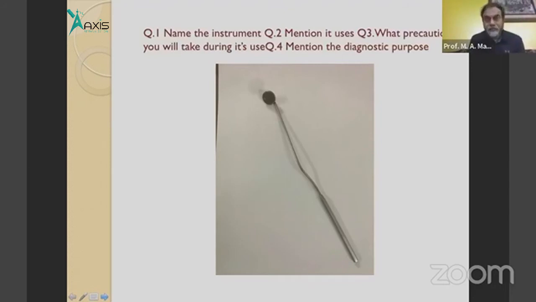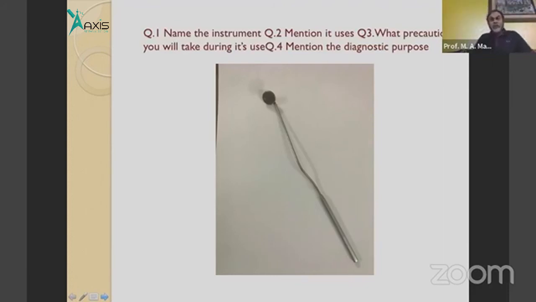Mention its uses: we use it in case of posterior rhinoscopic examination or PNS examination. That is the only one use.